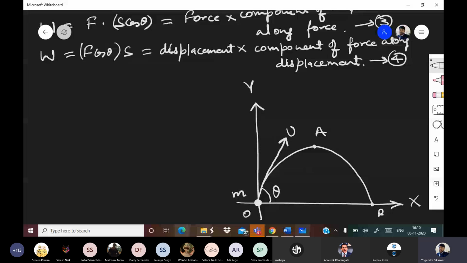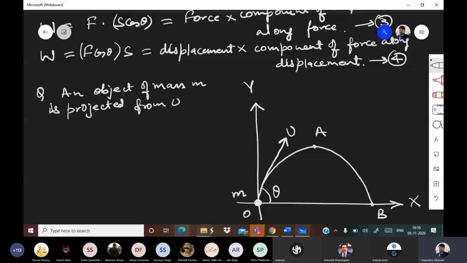So the question is quite simple. An object of mass m is projected from O with speed u making an angle theta with horizontal.